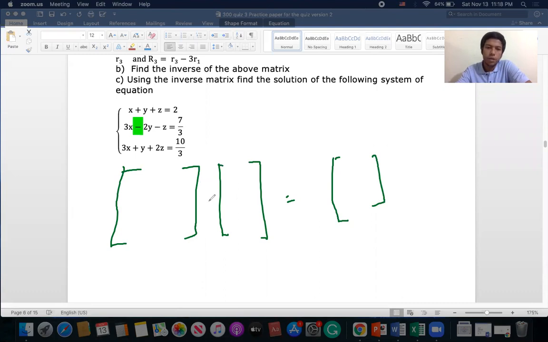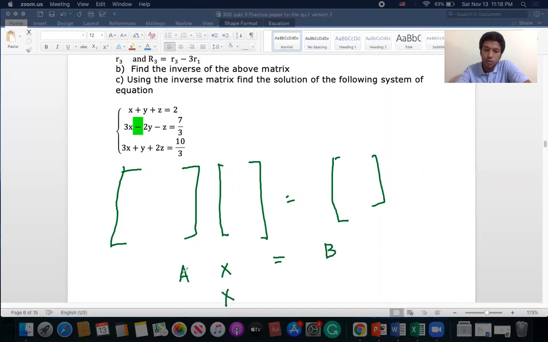Let me show it in alphabet: let's say this is x, and these are some matrix a, equals to b. This is the same notation that the book also used, so I'm keeping it the same.